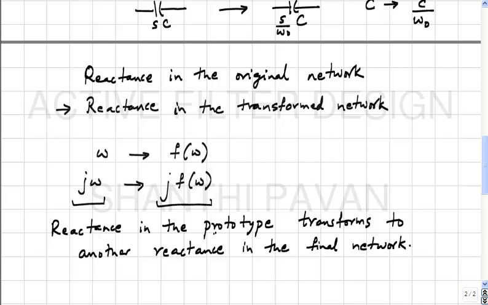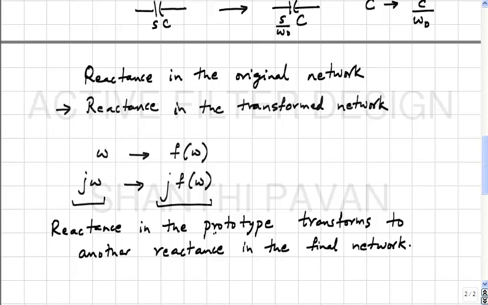At the maximum of transmission, only in an equally terminated network is the reflection coefficient 0. In the unequally terminated network, the reflection coefficient only goes to a minimum, it does not go to 0, which is why when you run the Monte Carlo sims, you see that the sensitivity of the unequally terminated ladder is more than the sensitivity of the equally terminated ladder.